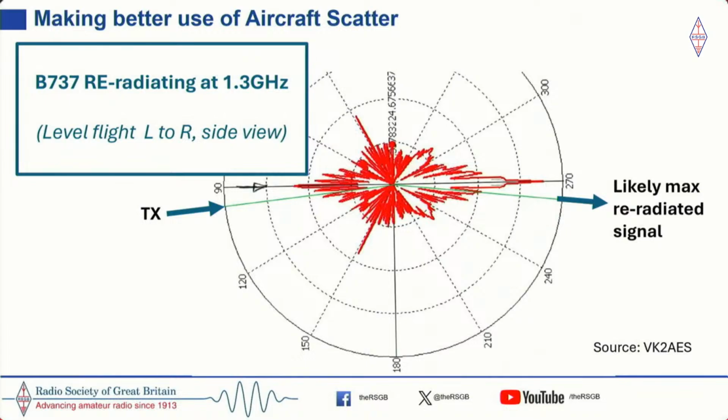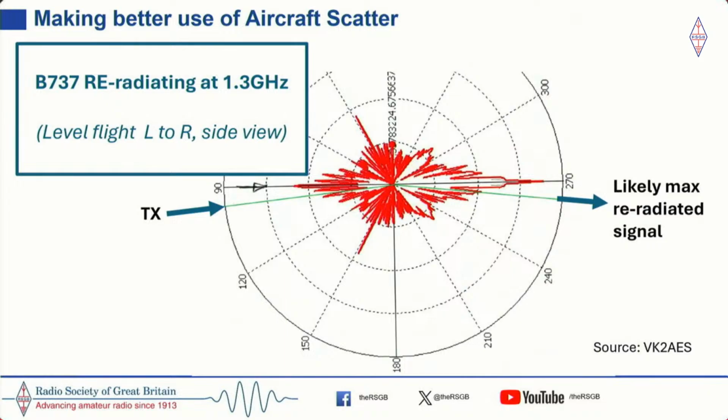The bigger the object is in terms of the number of wavelengths, the more complicated the radiation pattern becomes. And it breaks up, as you can see, into lots of spiky minor lobes with lots of spiky deep nulls as well.